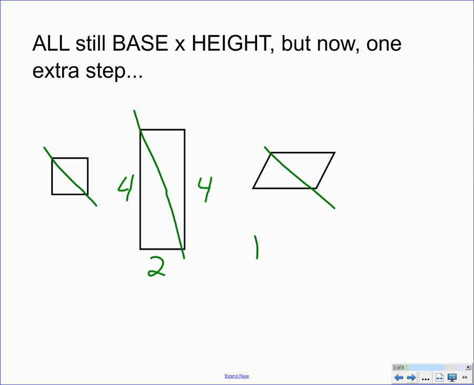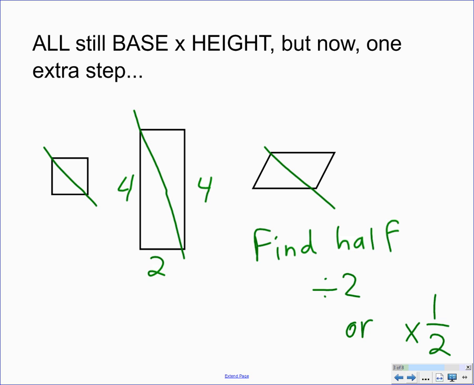We have to find half. And to find half, that means you're either going to divide by 2 or multiply by 1/2, which is the same thing as dividing by 2. Half, because a triangle is always half of something. Right? There's different kinds of triangles. They can be half of different things, but they're always half of something.